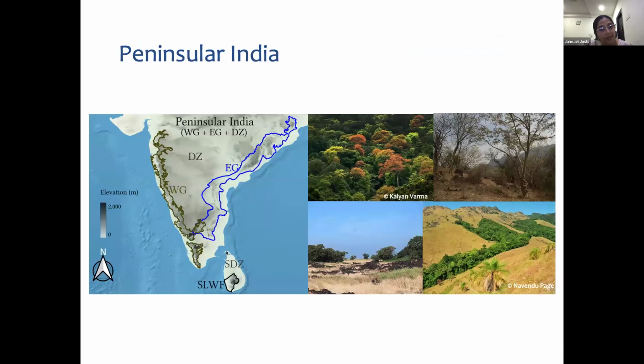We also have contemporary seasonal gradients as one moves from south to north. Here is the Western Ghats, which is a global biodiversity hotspot along with Sri Lanka. You have a seasonality gradient where southern parts are less seasonal and as one moves north it becomes more seasonal. We also have another mountain chain, the Eastern Ghats, on the eastern slopes of the east coast of peninsular India, where climatic gradients are inverse.